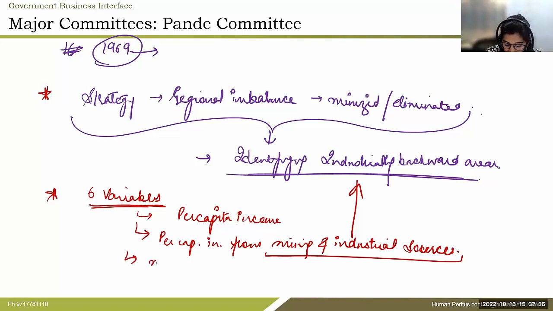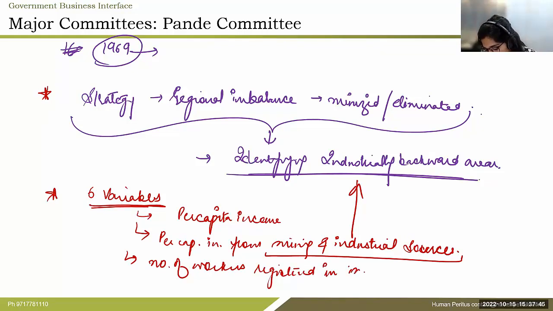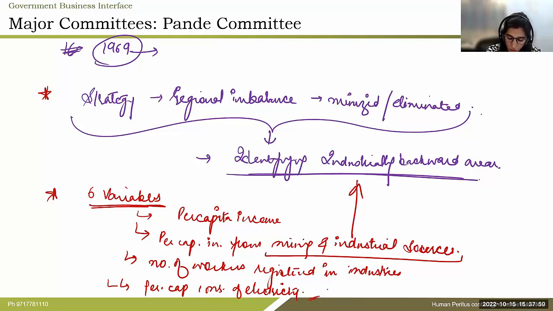Next is, what is the number of workers registered in industries? Next is, what is the per capita consumption of electricity? That was also in the criteria. Another thing is, what is the length of roads?